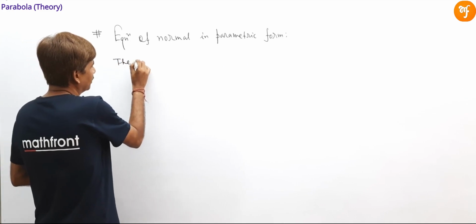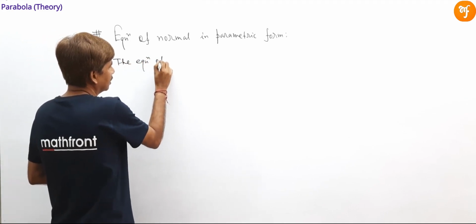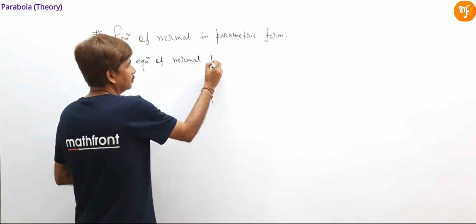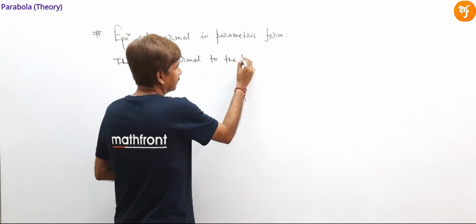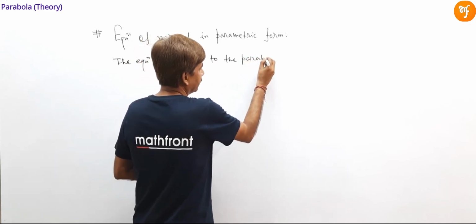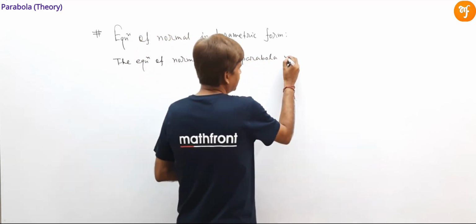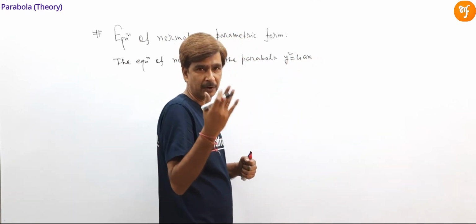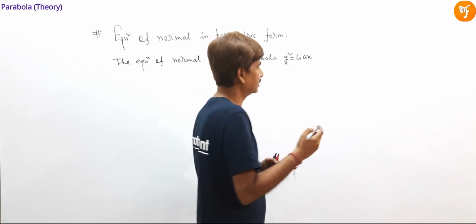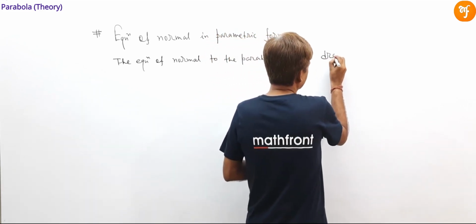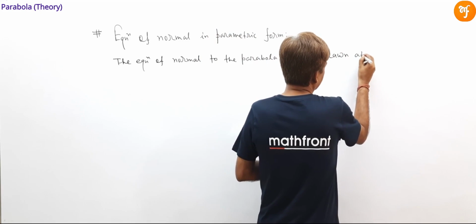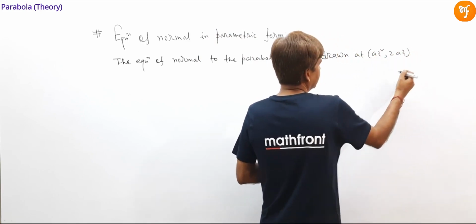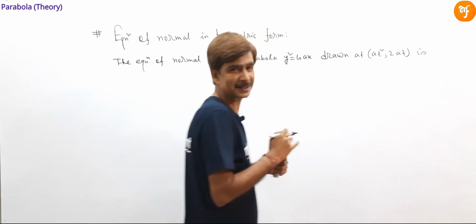The equation of normal to the parabola y² = 4x drawn at the point (at², 2at) is, what is the equation?